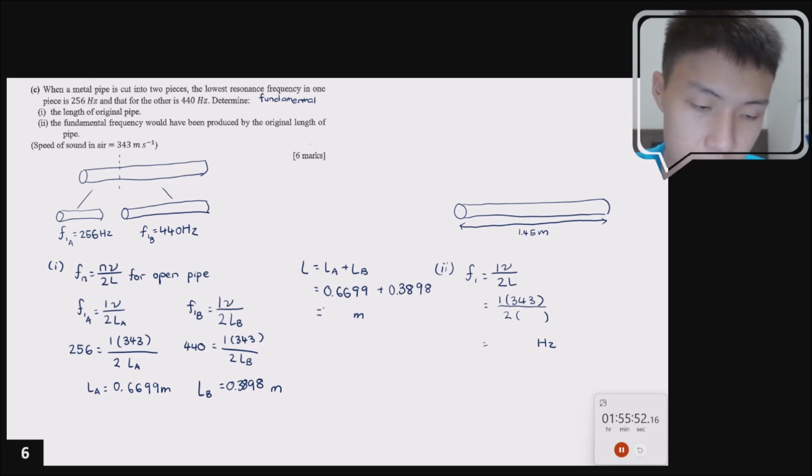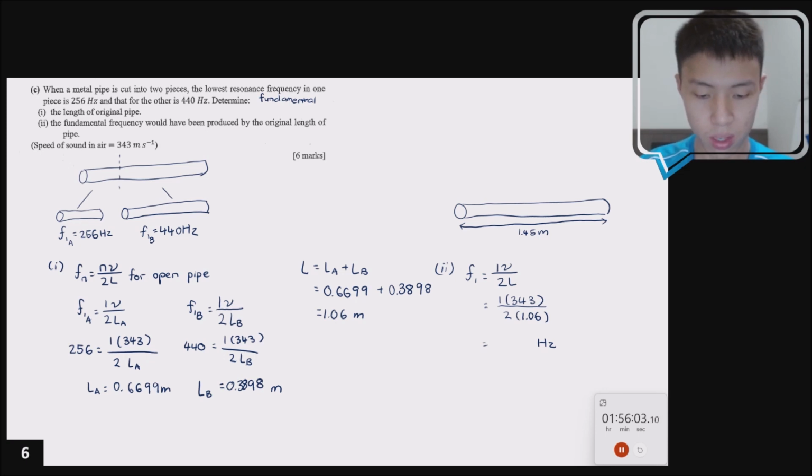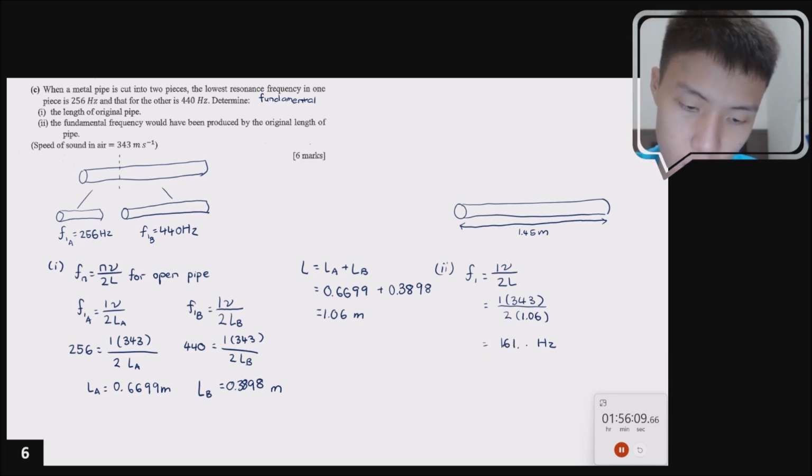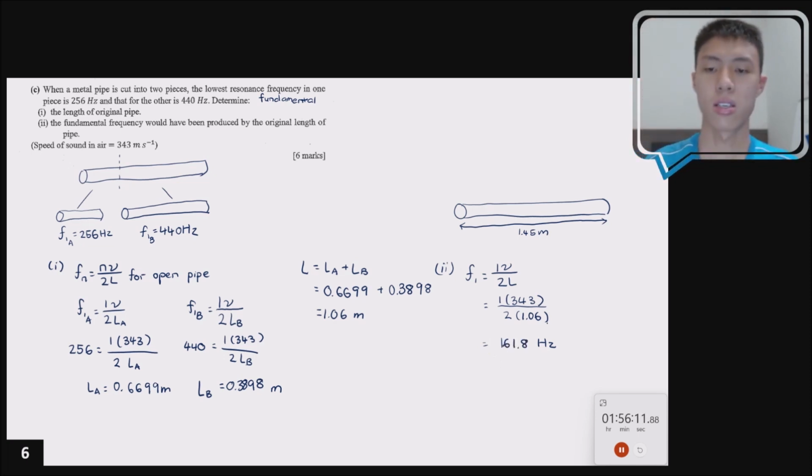From here I get 1.06. Then 343 divided by 2 times 1.06. So I get 161.8 Hertz.